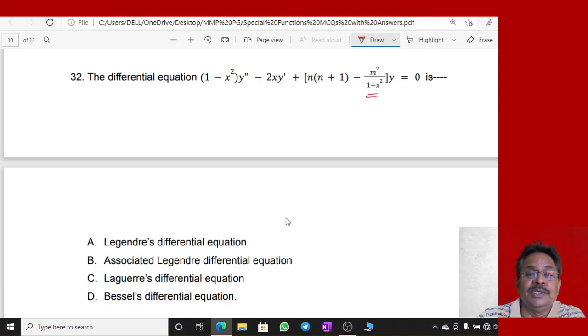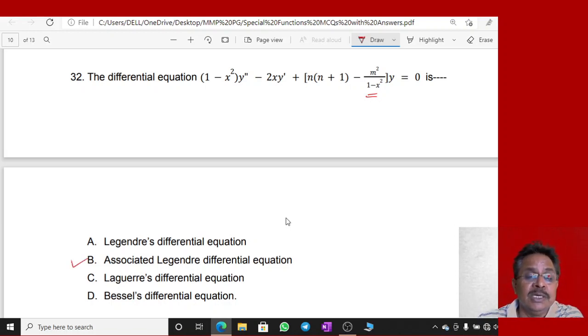In the simple or normal Legendre differential equation, this m²/(1 − x²) is not there, but when we go for the method of separation of variables of this Helmholtz equation in the spherical polar coordinate system, we come across this equation, which is called the associated Legendre differential equation.